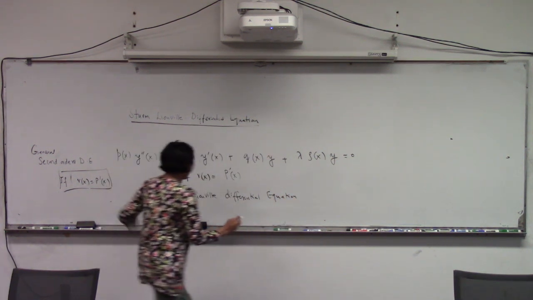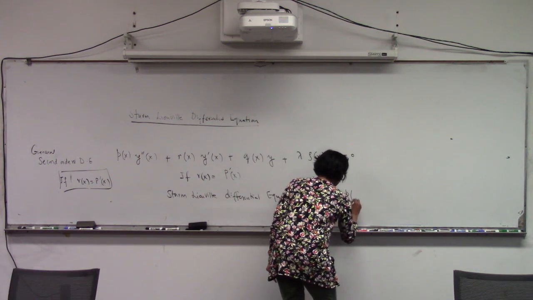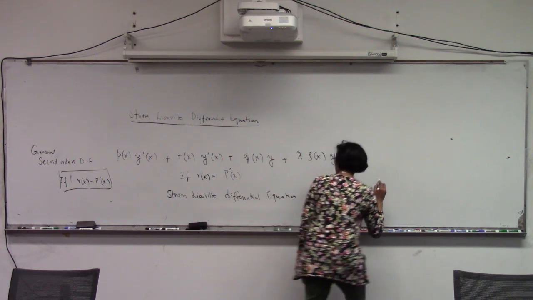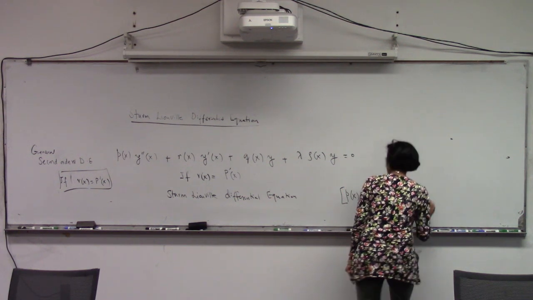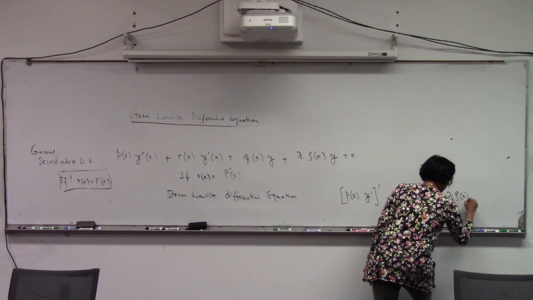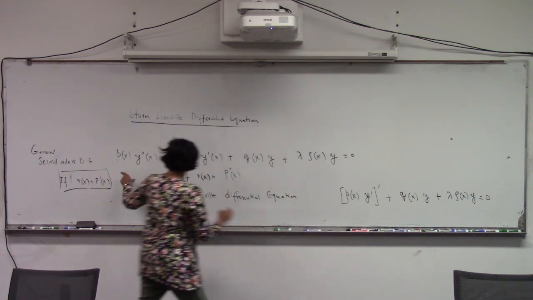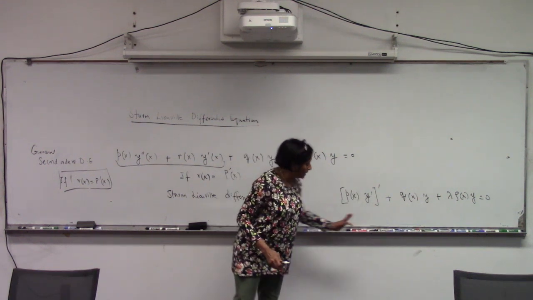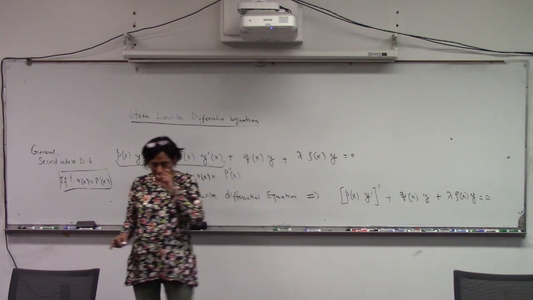So I can write the differential equation as (P(x) y prime) prime. All I've done is collapse those two things into one. So any differential equation which can be written in this form is called a Sturm-Liouville differential equation.